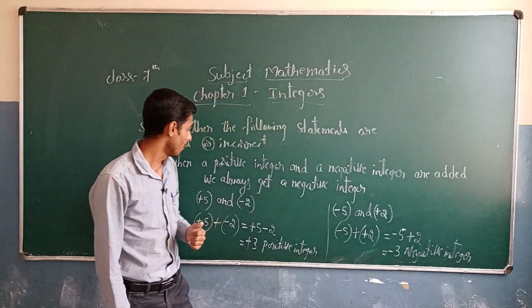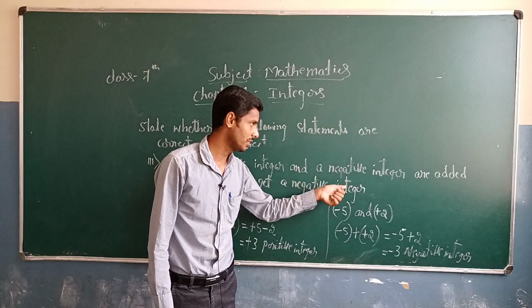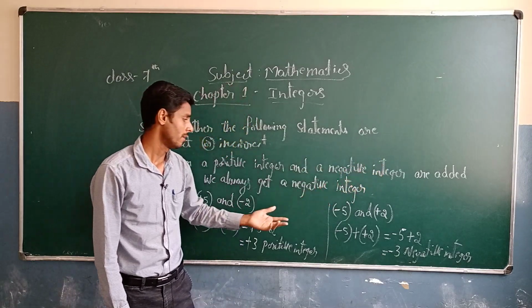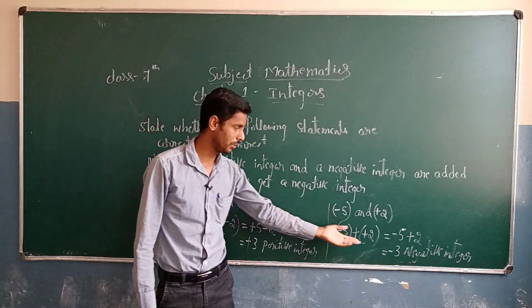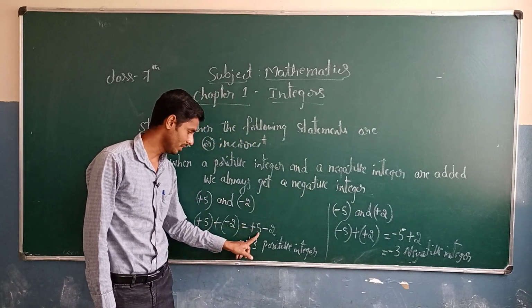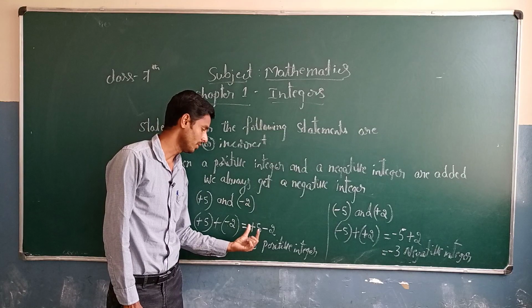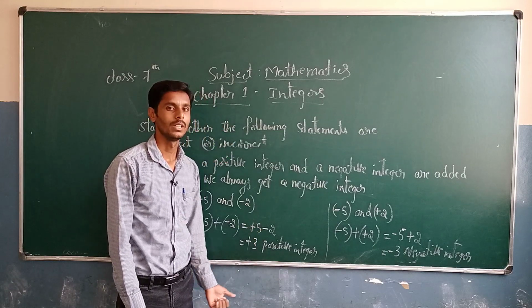That means when a positive integer and a negative integer are added, we get a positive integer or a negative integer. So it depends upon the larger number. The larger number's sign will decide which integer will come.